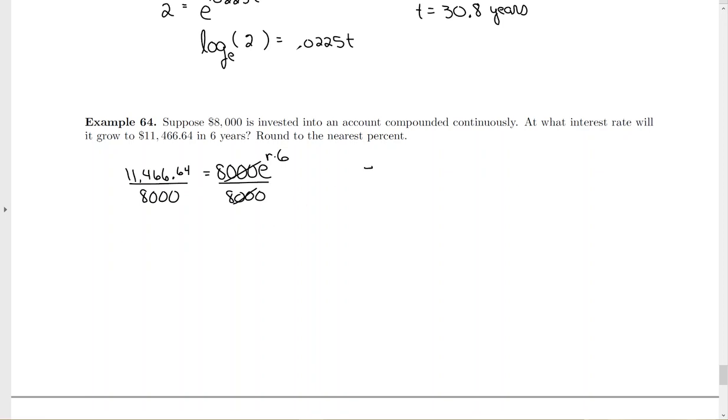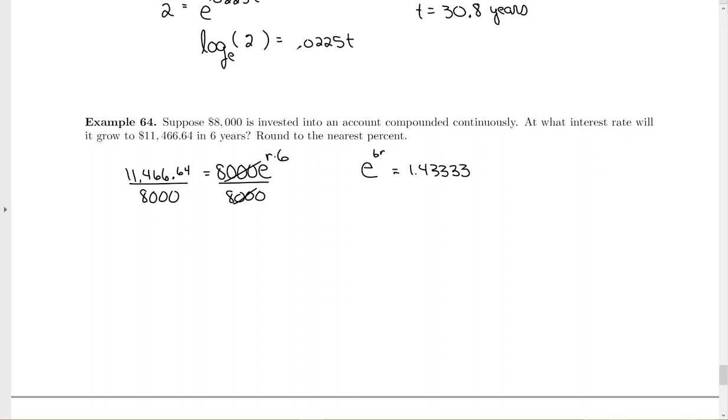So I have e to the 6 times r, or r6, either way, equals, and then when you do this division, it does come out a terminating decimal, so 1.43333. Don't round.